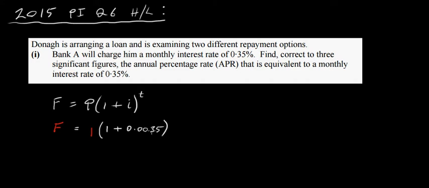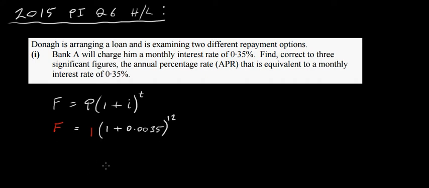Because this is our monthly rate, our time period is going to be in months. So we want to convert months to years, if you like. So we're going to put in 12 months here. So we put in €1 at 0.35% over 12 months. What will that amount to?